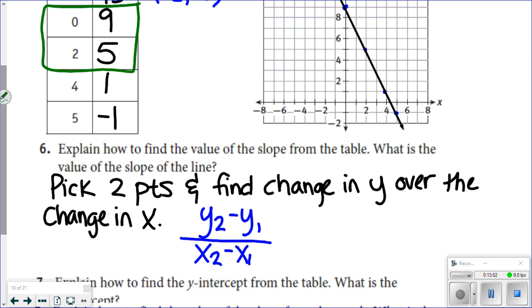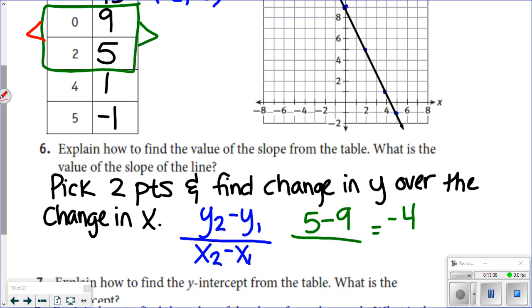Okay, so change in y goes on top in the numerator, and I'm going to take the second y minus the first y. So the bottom y here is 5, or the second y, minus the first one, which is 9. What do we get? -4 divided by, and then we're going to use our change in x values.